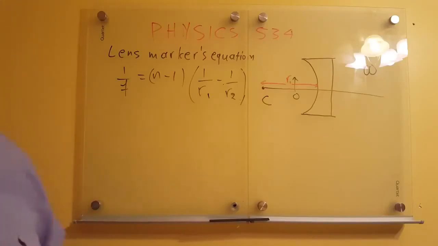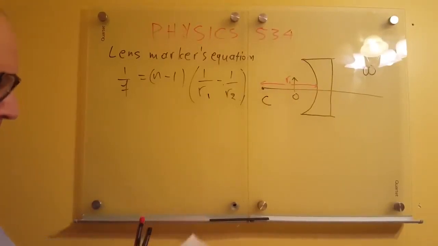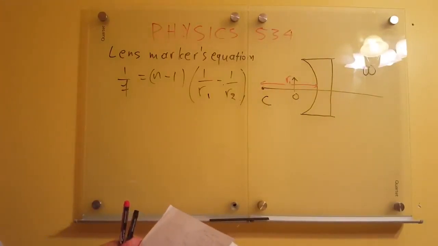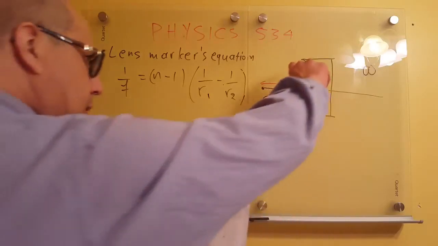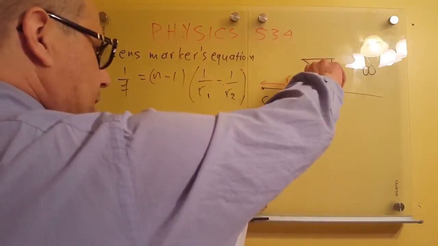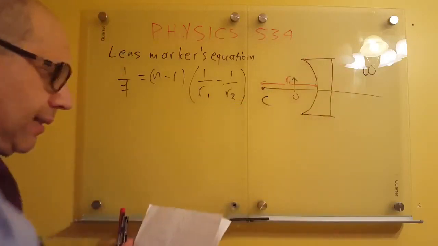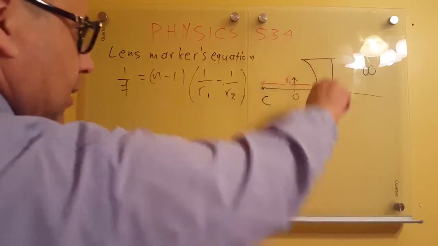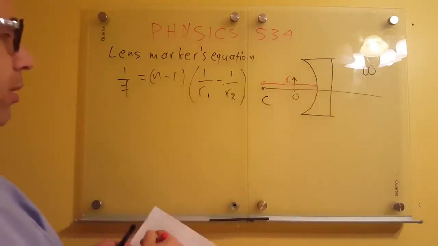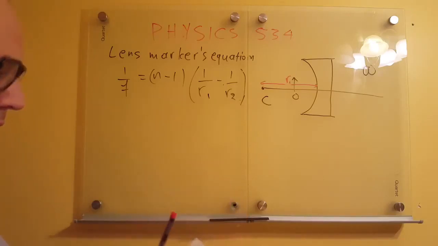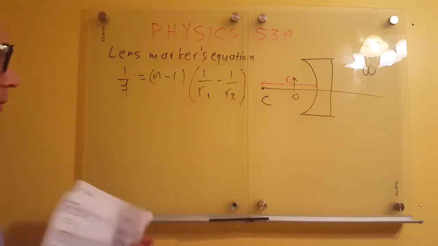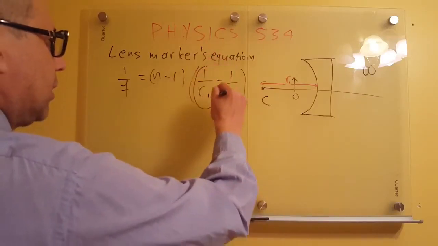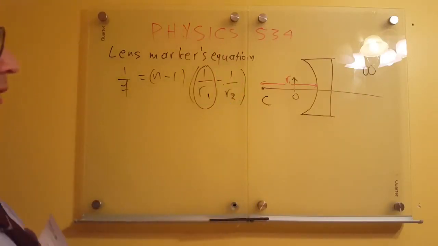Now, the R1 is what? Because this here is a concave lens, the R1 is negative. So that means that all this quantity here is negative. Since the R1 is negative, the 1 over R1 is negative.